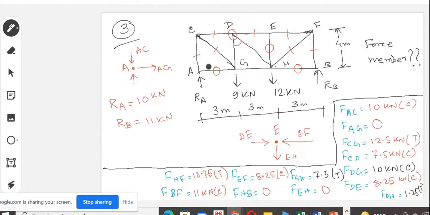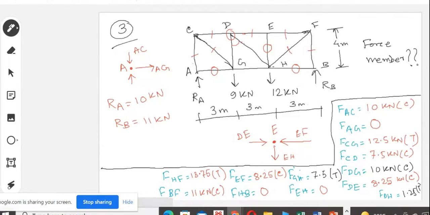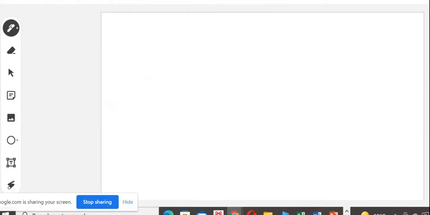Definitely we can find it from the calculation, but if we want to know before calculation, there are some rules we can use. Those rules are, so here we are talking about zero force members.